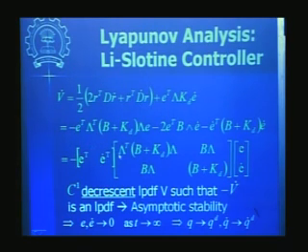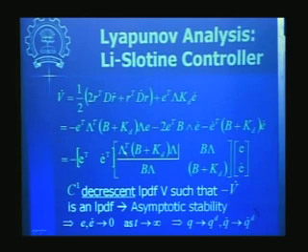Now I need to prove that this particular matrix is a positive definite matrix. Then I can have this result. Since there is a negative sign over here, I will have a result of asymptotic stability. Now to see that, we will first consider this part.